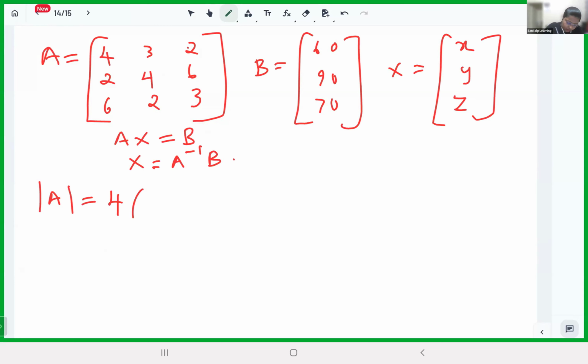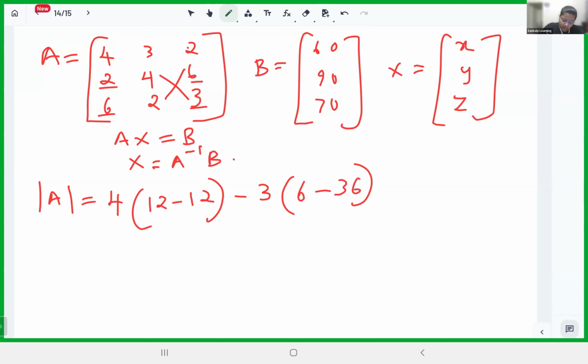Determinant of A is equal to 4 into 3 into 3, that is 12 minus 12, then minus 3 into 2, 6, 6, 3, right? If you delete the row and column containing 3, it is 2 into 3 is 6, 6 minus 6 into 6, 36, plus 2 into this one, 2 into 2 is 4, 4 minus 6 into 4, 24.